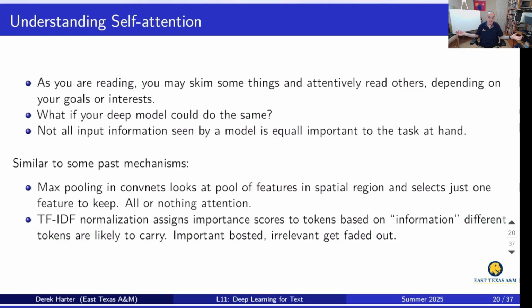So even if you use a word a lot, like "the" or "a," if it's very frequently used in the corpus, it's not going to get a high normalization by this mechanism. So it won't be considered important. But if you use a word a lot and it's a word that's not real common in your corpus, it will get tagged by this sort of normalization as something that the model should pay attention to. Okay.